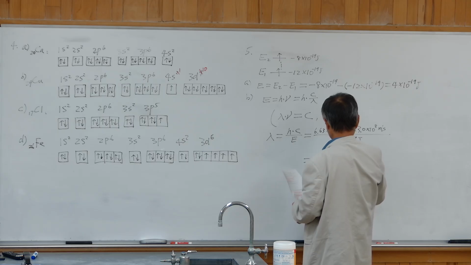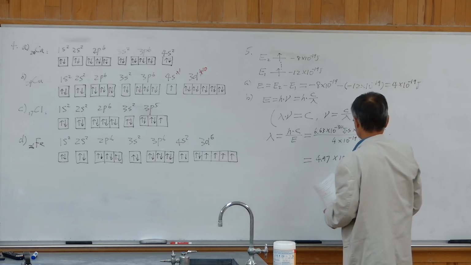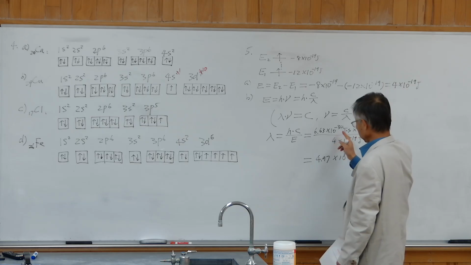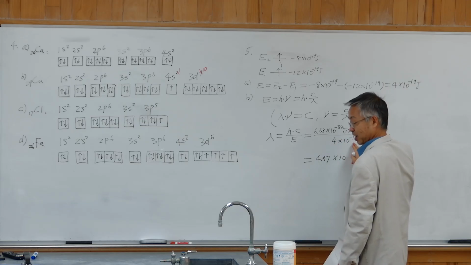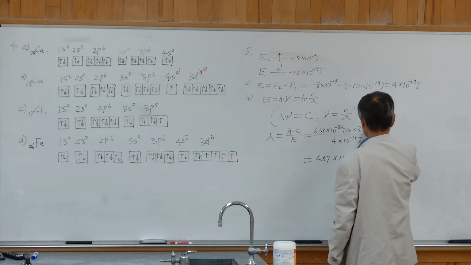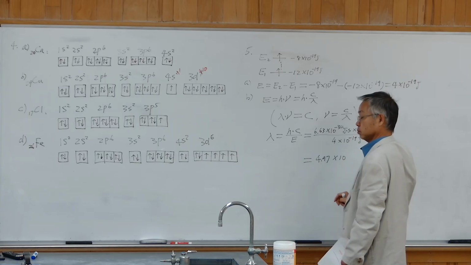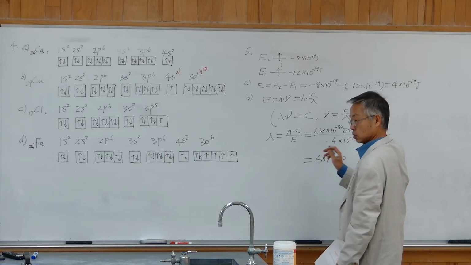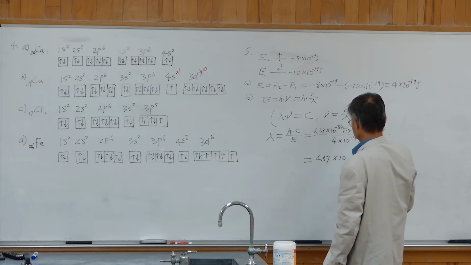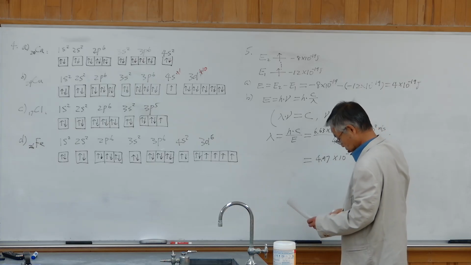So this gives you 4.97. The exponent, you don't need a calculator. Exponent multiplication is plus, division is minus. So negative 34 plus 8 minus negative 19, which is plus 19. So all together will be negative 7. The unit is meter.